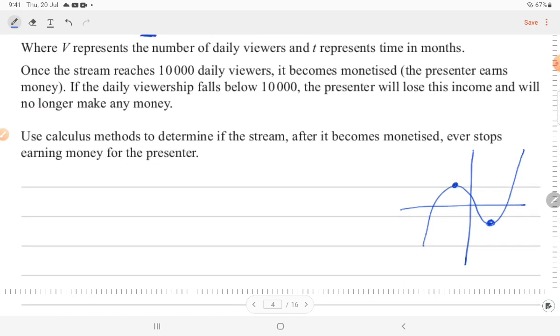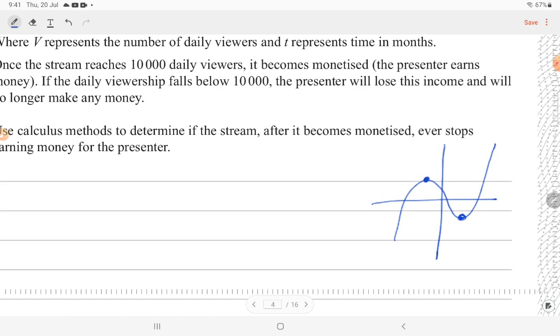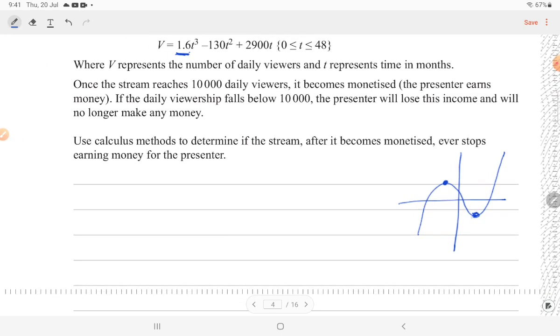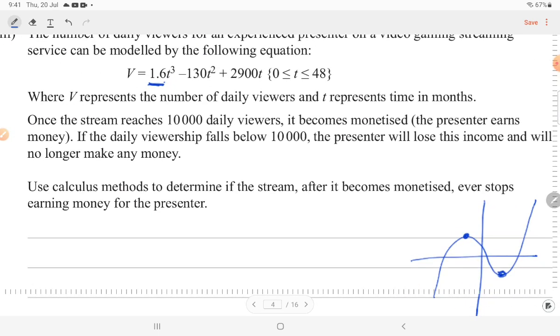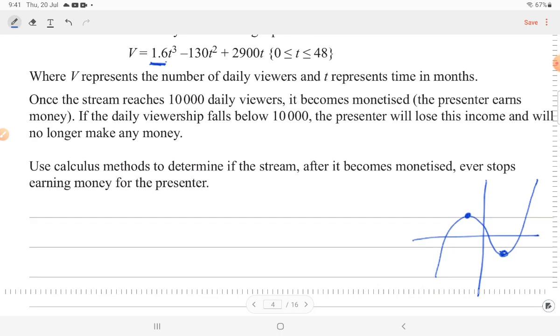Since this will be a local maximum and this will be a local minimum, if the daily viewership at the minimum is greater than 10,000, we can say it stays above 10,000 for most values.